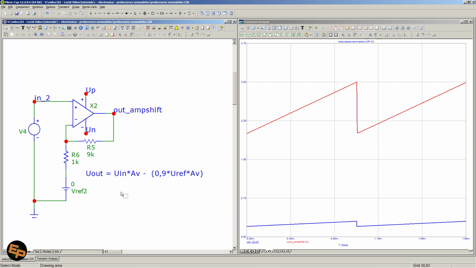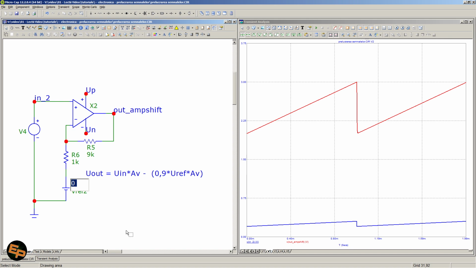So this is the amplification factor, which I've denoted A indice V here. So we have the output voltage as a mathematical formula: the input voltage multiplied by the amplification factor, minus 0.9 multiplied by the reference voltage multiplied by the amplification factor. This is the mathematical formula for this particular amplification circuit.